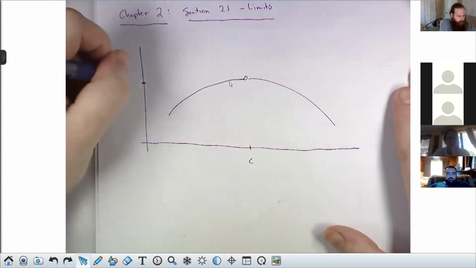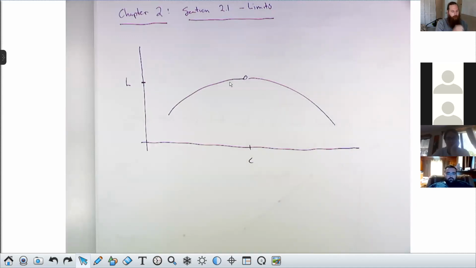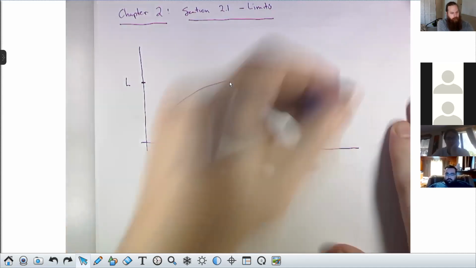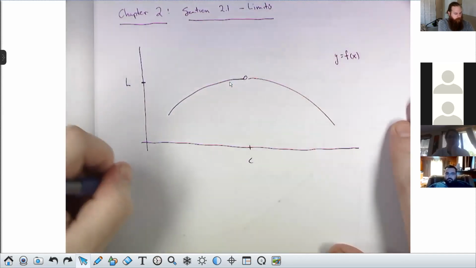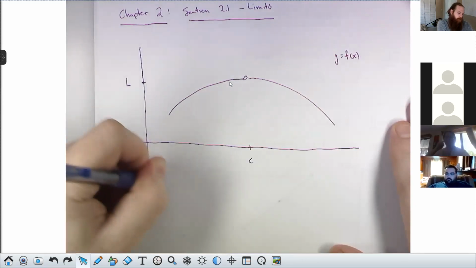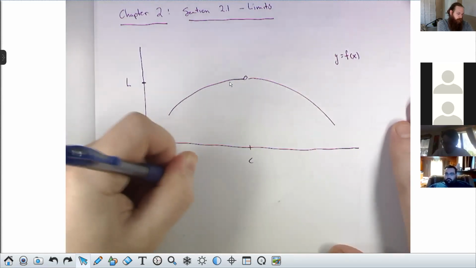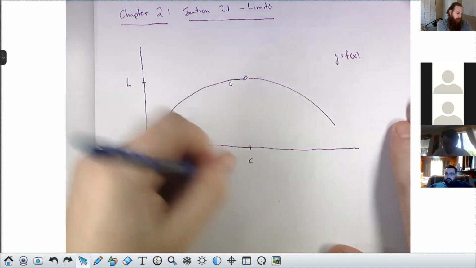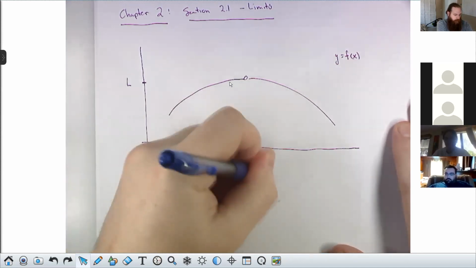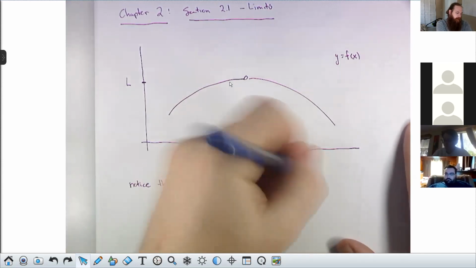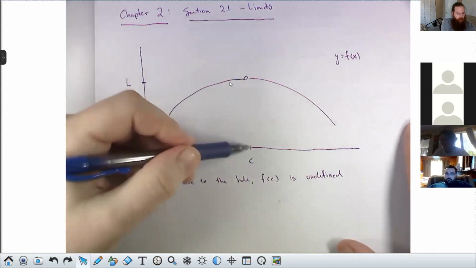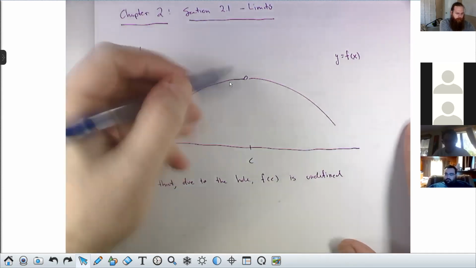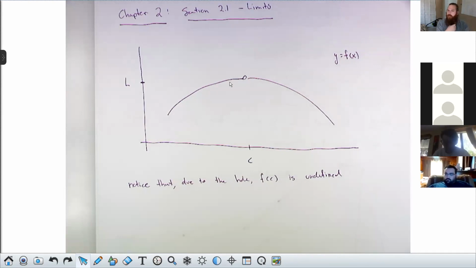And let me just call the y value of that hole L. If this is the graph y equals f of x, notice that due to the hole, f of c is undefined. If I look along this graph right above C, there's a hole there, it's not filled in. So I can't say what f of C itself is.